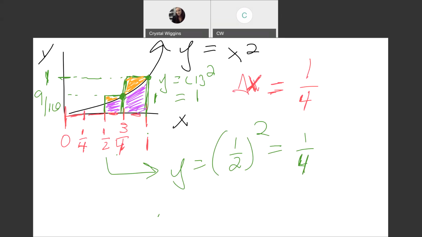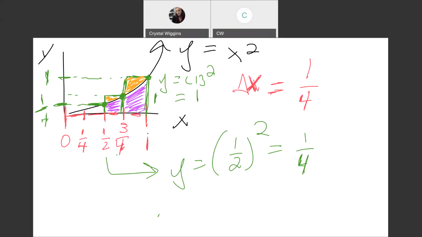So the height of this next rectangle is going to be at 1/4. So here I go up to this point here because this is the 1/2 and the height of the function is right here. Come over, this should be at the quarter marking.